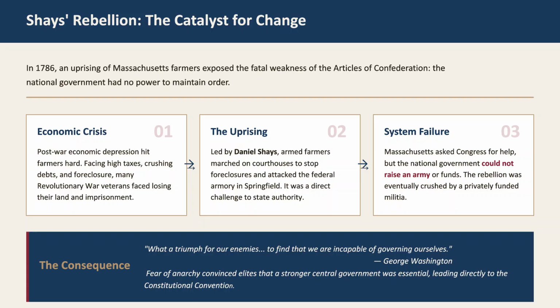And this sent a shockwave throughout the states. It convinced national leaders like George Washington and Alexander Hamilton that the Articles of Confederation were failing and that a strong central government was needed for the survival of the nation itself.